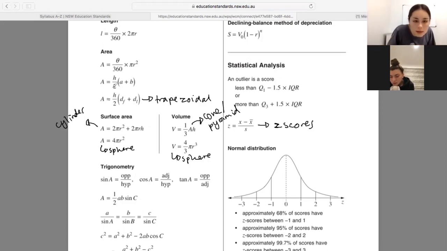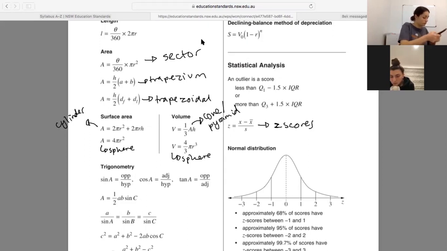That one here is trapezium. This one is sector. Okay.